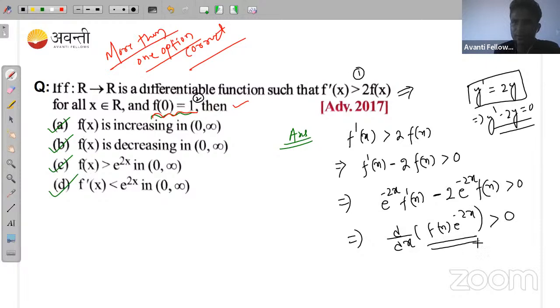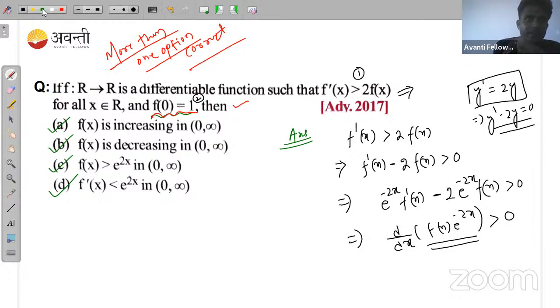Yes or no? Can you write it like this? You can apply the product formula and you will reach that. If you differentiate, you get derivative of the first function into the second function plus the first function into the derivative of the second function, where the first function is f of x and the second function is e to the power minus 2x.